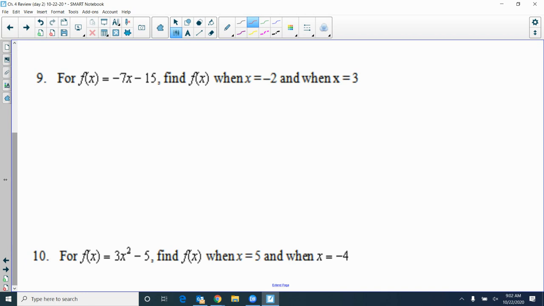This is just an answer sheet for some of these problems, just to make life easier. But this is not actual problems. So write 9 and 10 down here. Yep. 9 and 10 right there. Okay.